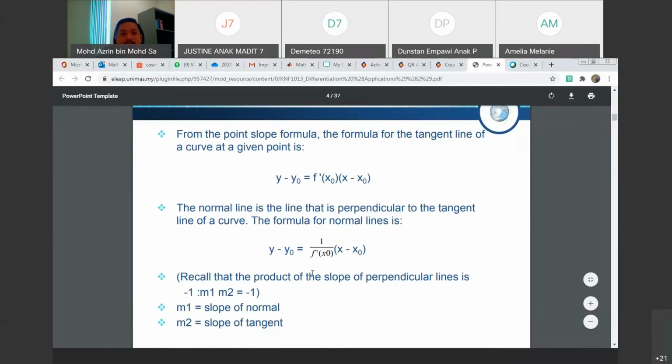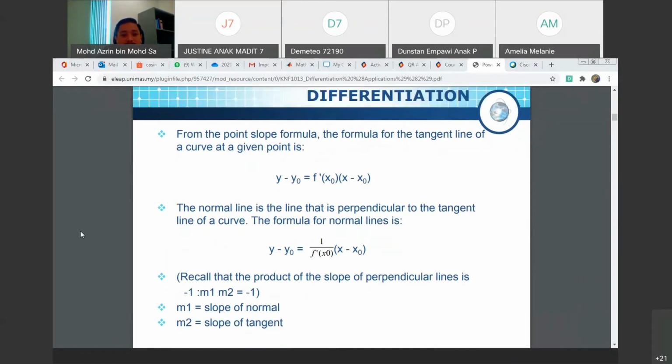We can also recall that to find the slope of the perpendicular, we can use this formula, where m1 times m2 equal to -1, where m1 is the slope of the normal and m2 is the slope of the tangent.